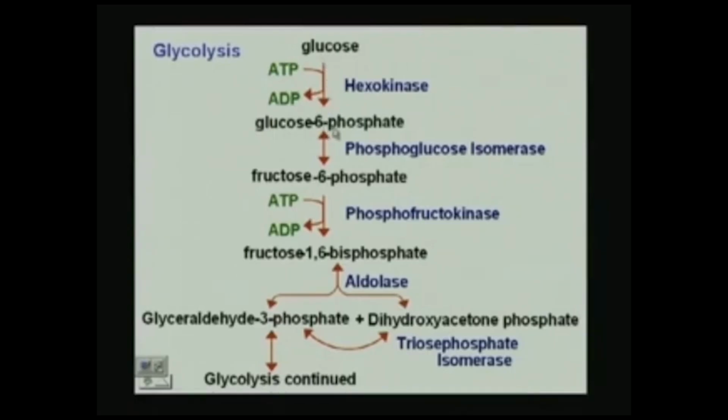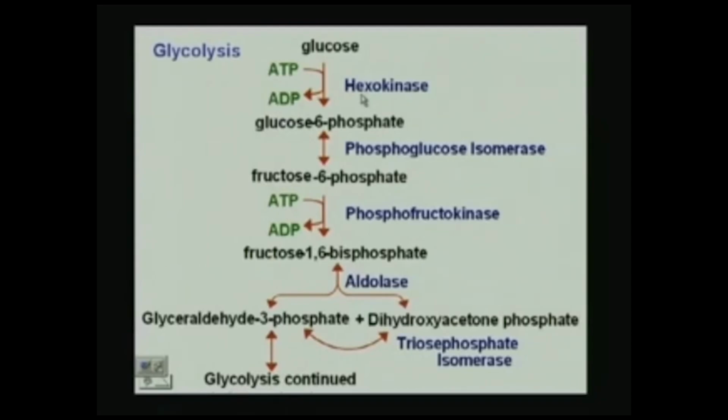Now since it took up a phosphate, it required the breakdown of an ATP. It's just summarizing the steps that we've done so far. So we have glucose to glucose 6-phosphate that required the breakdown of an ATP, and the enzyme was hexokinase.